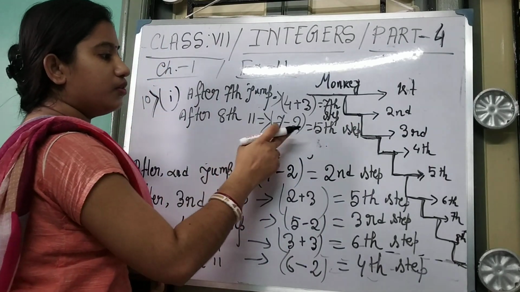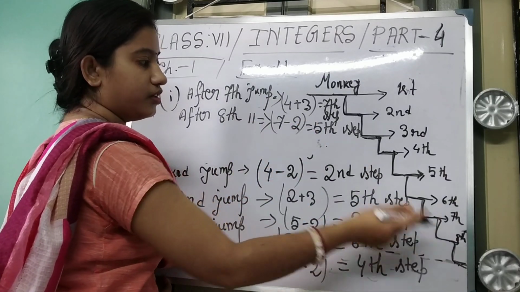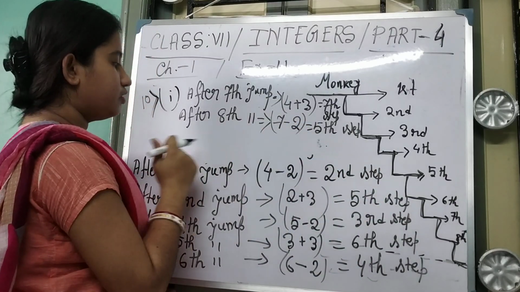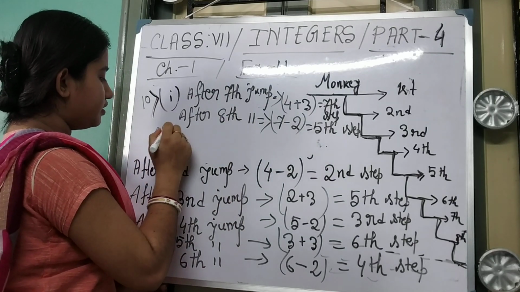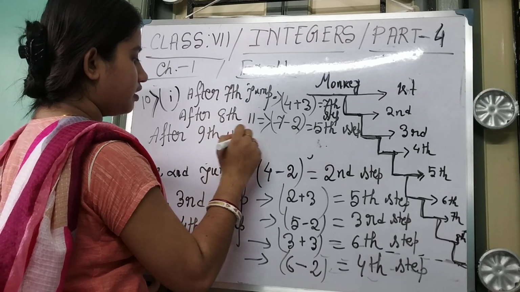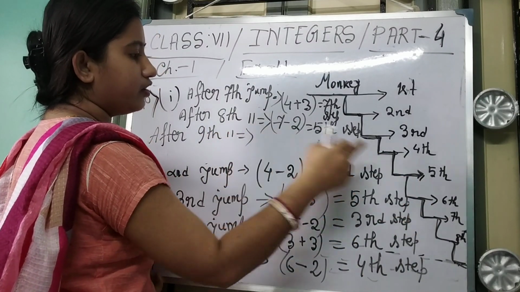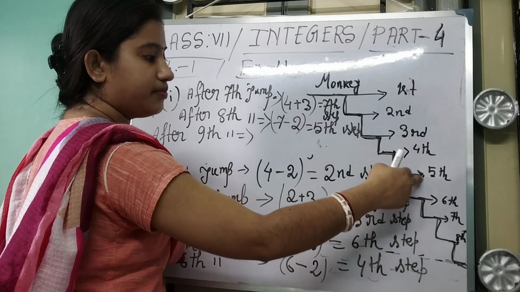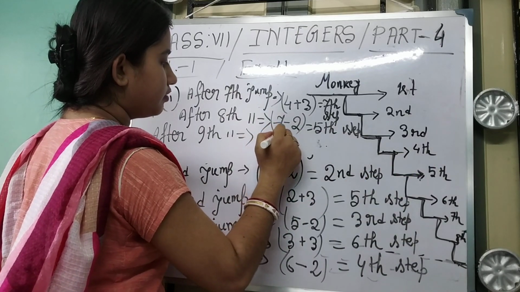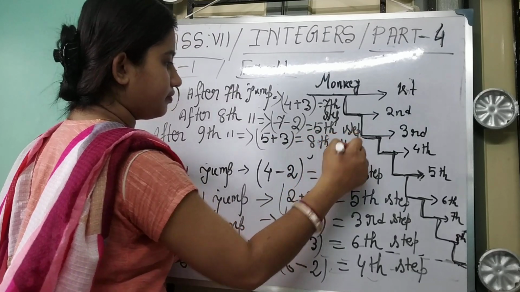Now till now we have not reached this position, the 9th position. Now this is 5th. So again we try this process after the 9th jump. The monkey will be 3 steps down, that is 5 plus 3, and then this is the 8th step.